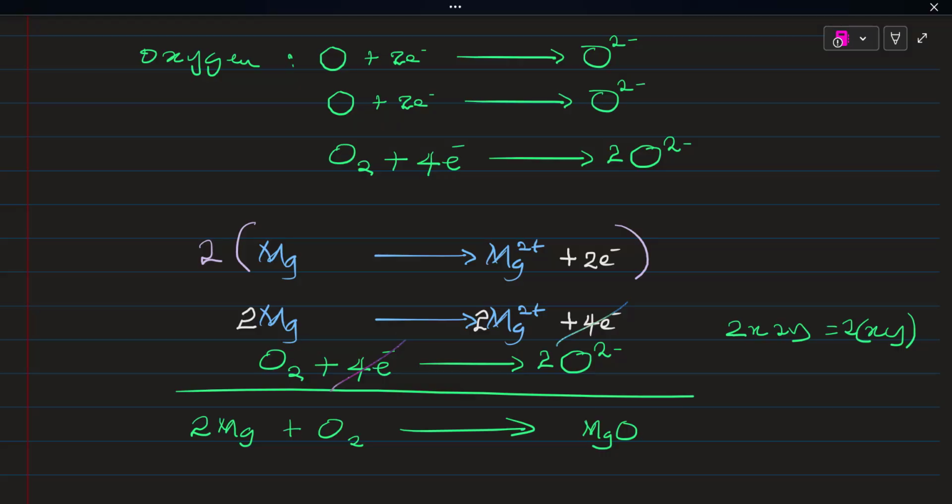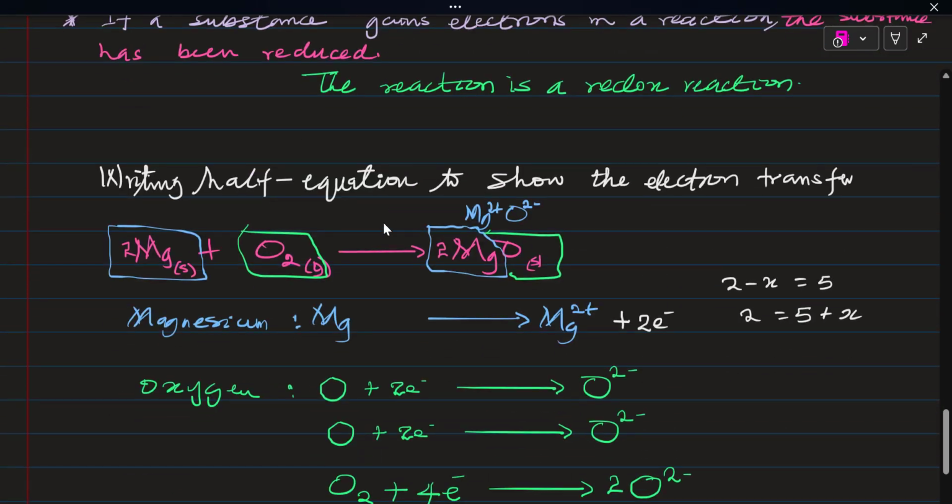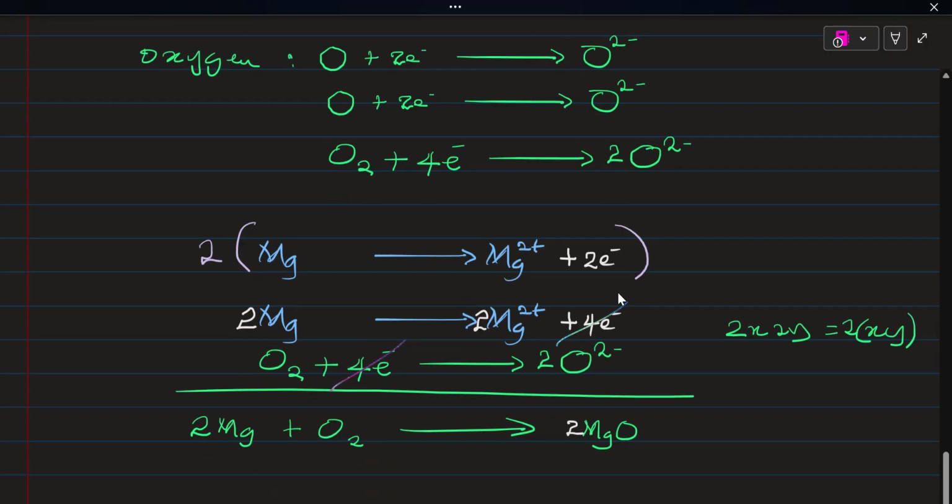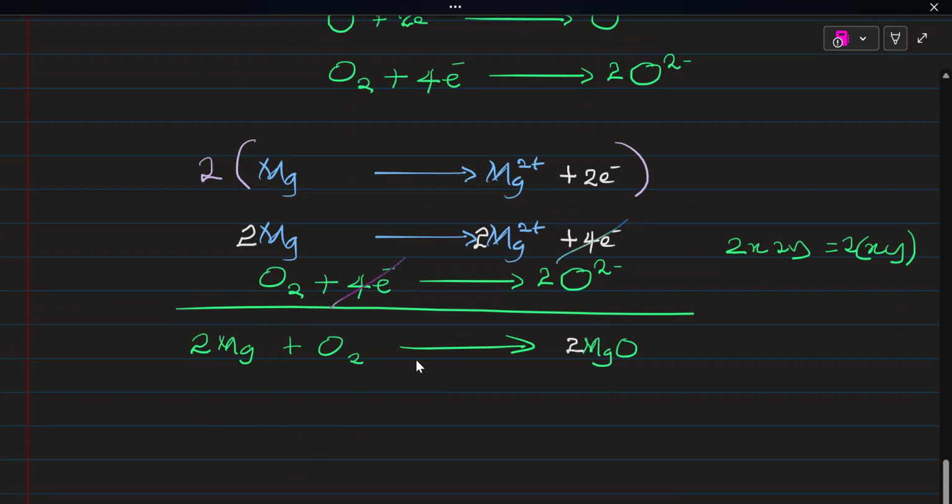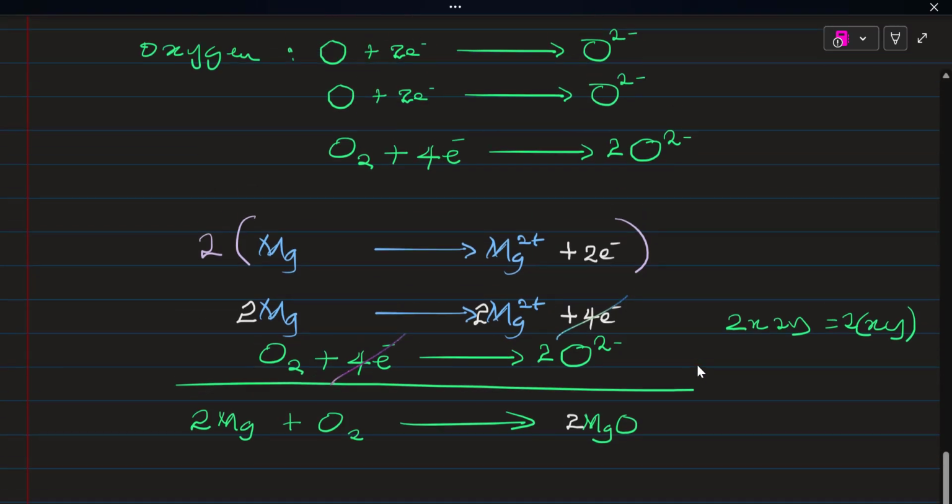So the 2 that I deleted, which is common to both of them, we just put it out here. So you can see that we have that equation that we started with up here. This equation, we have it back down here. But when we combine the two half equations, we have a single full equation.